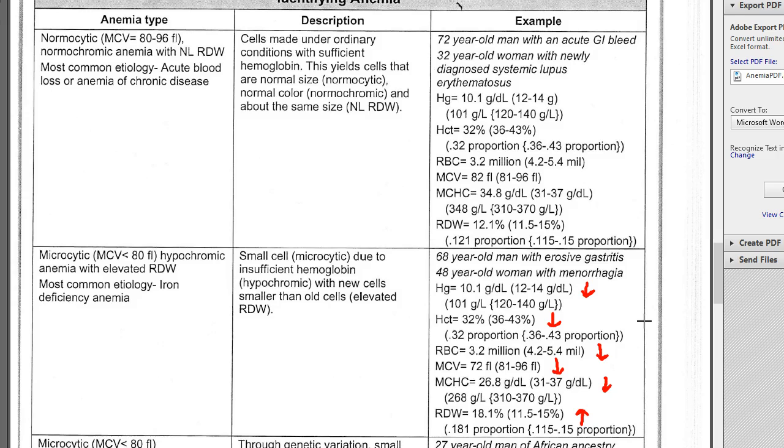People who've had gastric surgery. Why? Because that inhibits absorption, right? And then speaking of which, anybody who has a malabsorption syndrome, sprue, or celiac. So that's kind of what we're looking for in terms of when we're giving our IV iron.